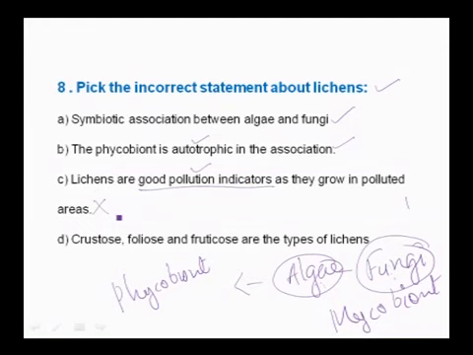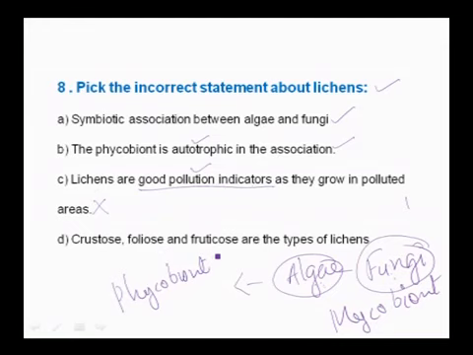Now next one, crustose, foliose and fruticose are the types of lichens. You might have studied in your practicals that lichens are of three types. Crustose, which just has a thallus-like appearance, a crust which gets attached to tree bark and trunks of trees, etc. Foliose. Foliose means leaf-like. Here the body of the thallus, the body of the lichen, is a little bit leaf-like.